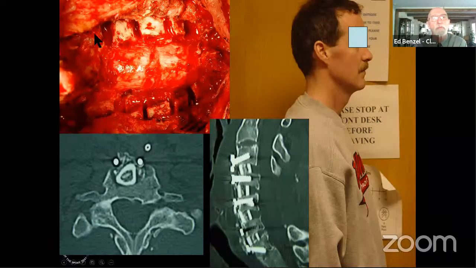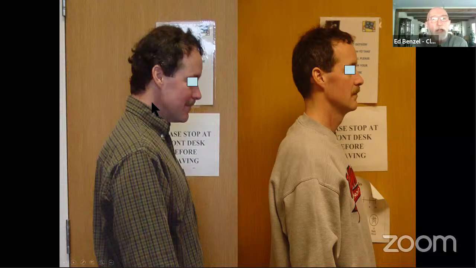So we did multiple level facet osteotomies, took down his old fusion, and then flipped him over, combined approach, and did multiple level discectomies, used trapezoidal fibular strut grafts that I formed myself, and then a multiple level construct where we were able to bring the bone to the implant. And so here he is pre-op, and here he is post-op. Clear improvement, if not complete resolution, of his kyphosis trapezius sign or cobra sign.